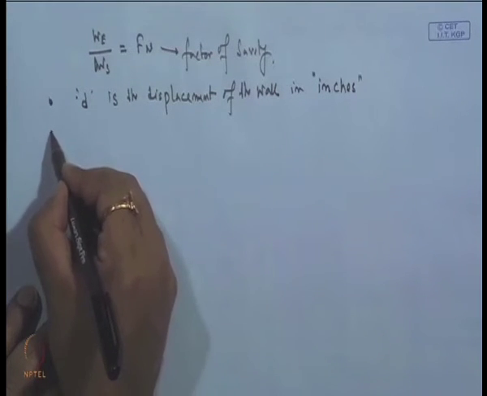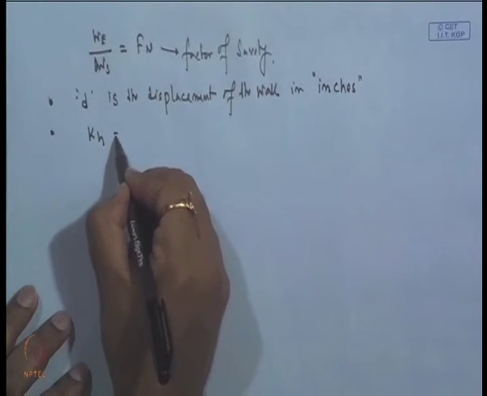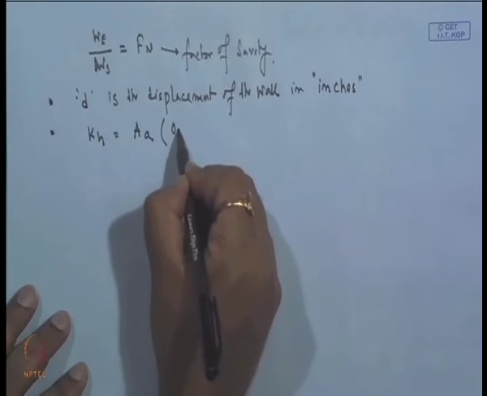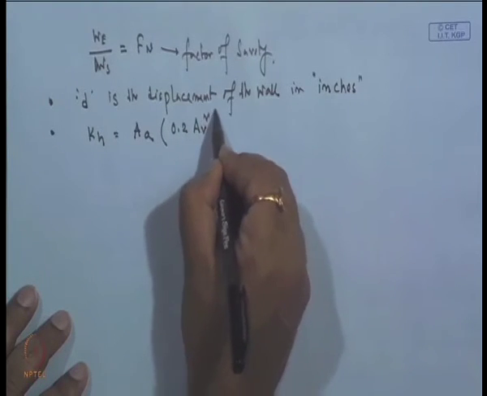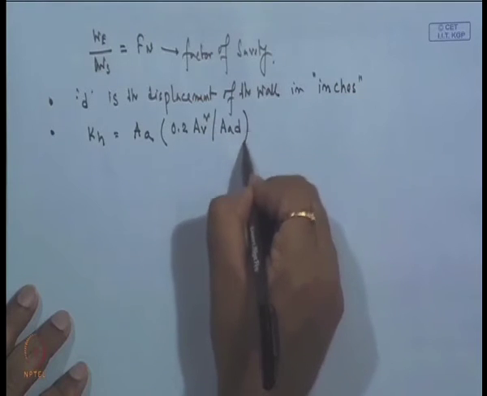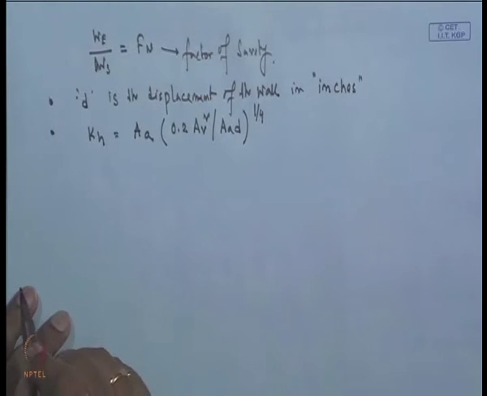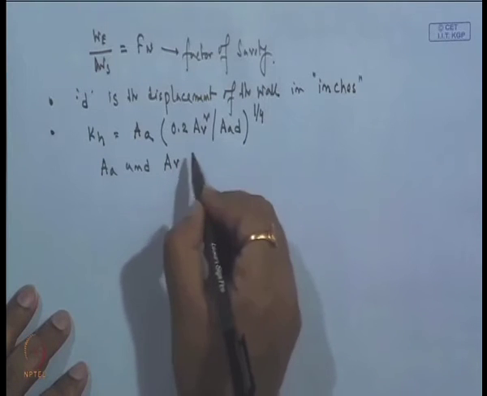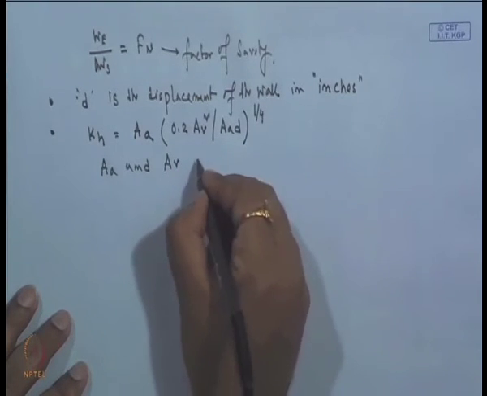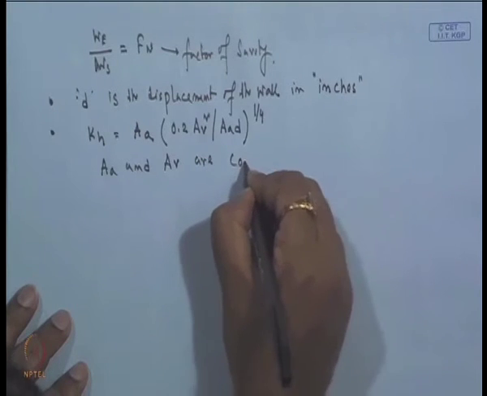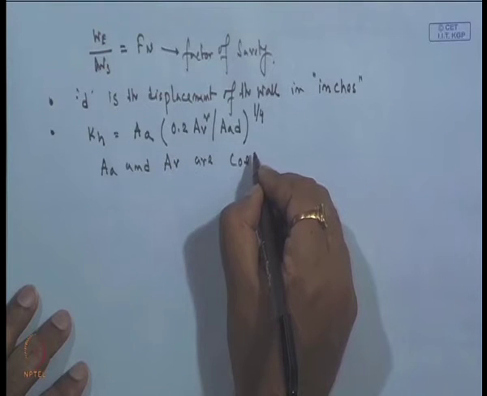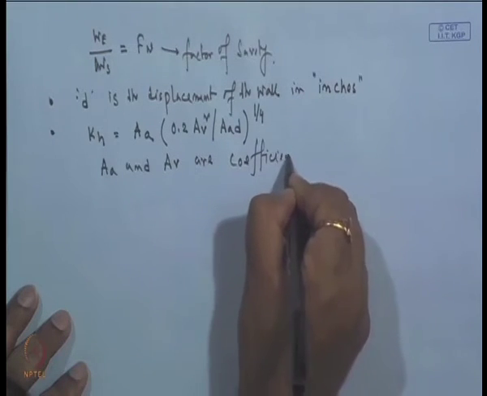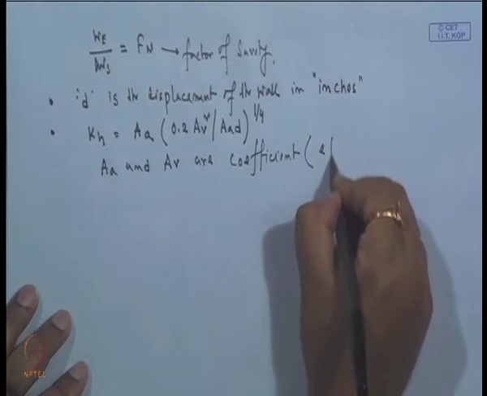Then the first step is we calculate the K h value, that K h value is A times 0.2 A v square divided by A d to the power 1/4, where A and A v are two coefficients, these are called effective acceleration coefficients.